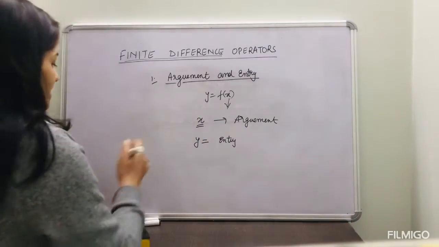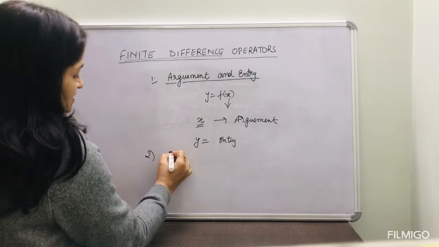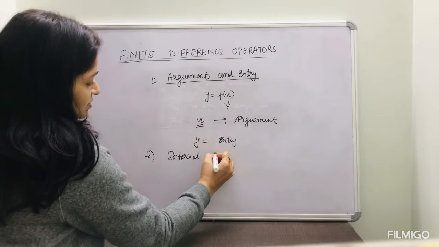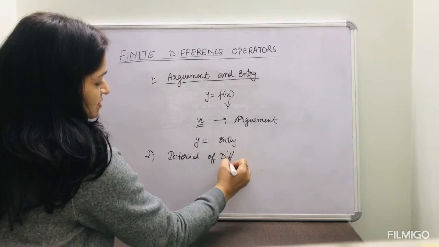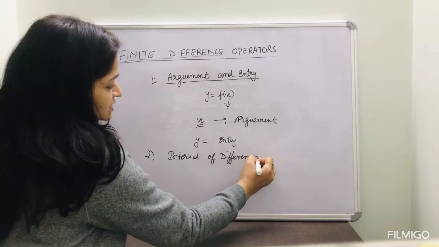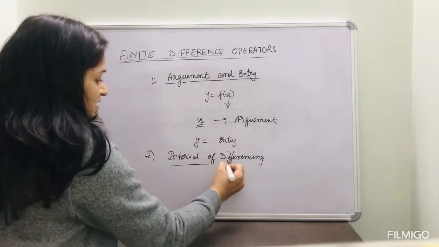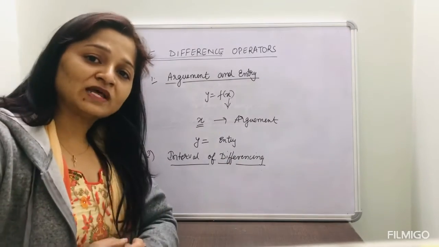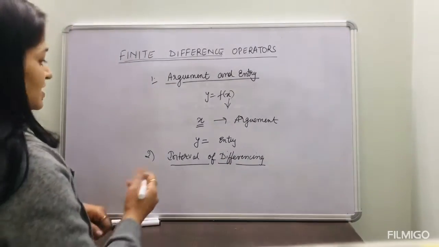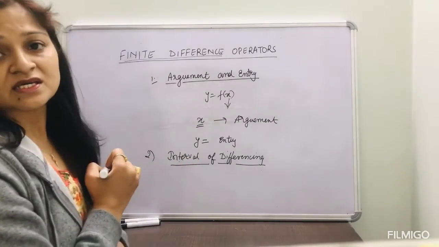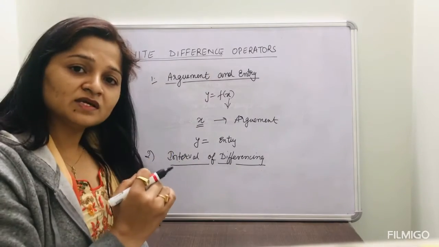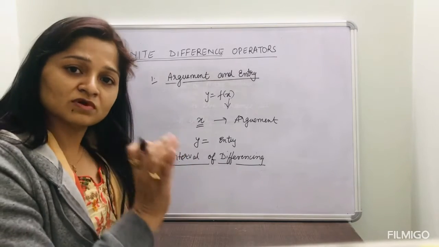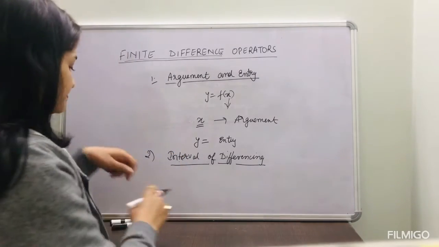Now the second one, we have interval of differencing. This means the difference between the two consecutive values of x is called the interval of differencing. इसमें consecutive word is more important. जब भी आपको values दी जाएंगी तो आपको consecutive terms ही लेने हैं.